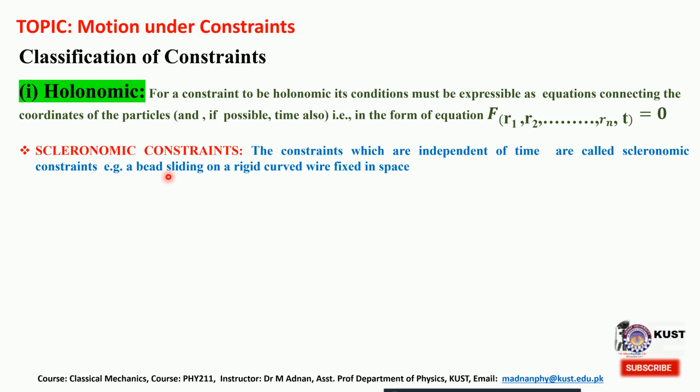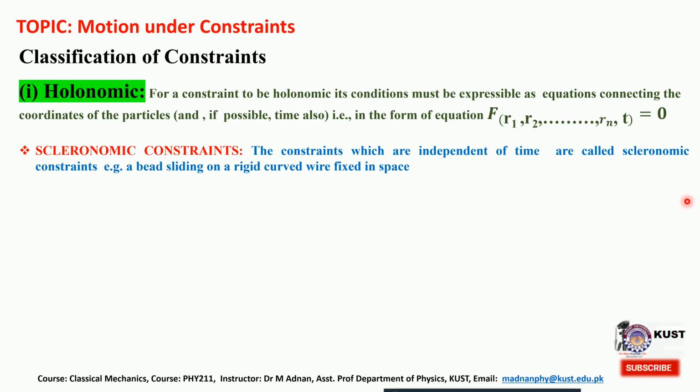For example, a bead sliding on a rigid curve, a wire fixed in space. These are constraints which are independent of time, that is, the function does not contain time explicitly. So those are scleronomic constraints.